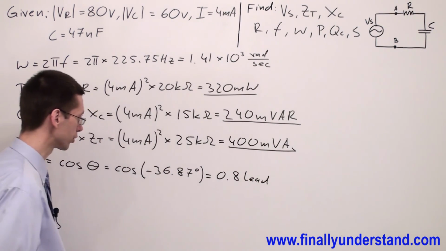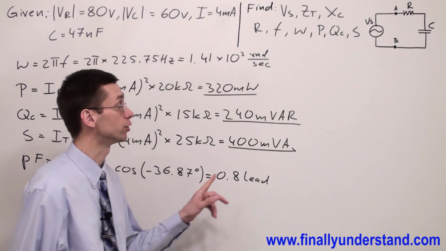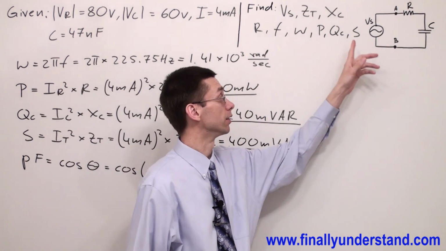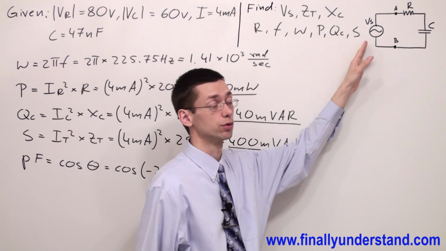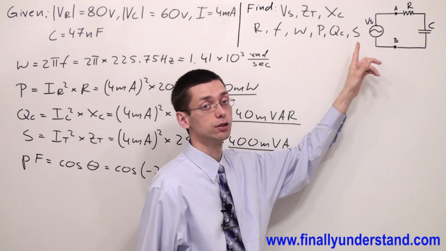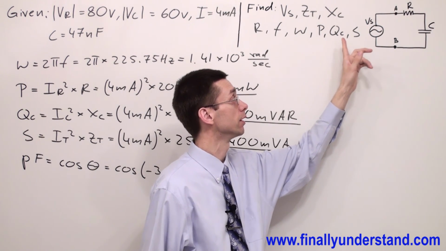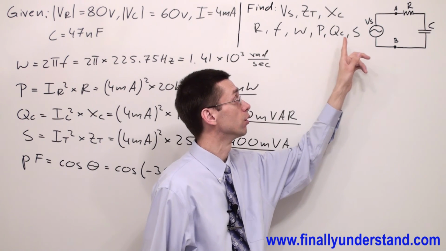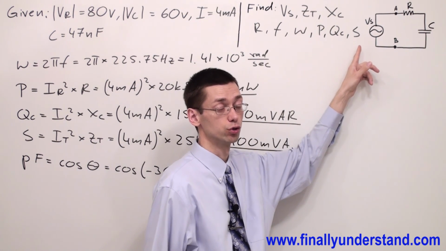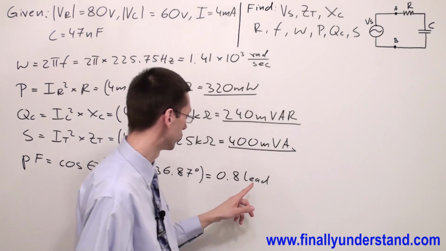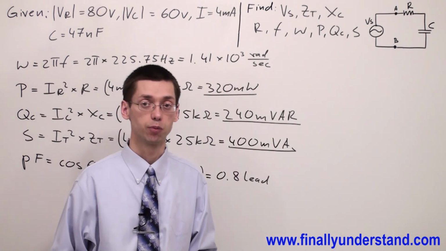Why lead? Because I have negative sign next to my angle, and because this is an RC circuit. In the RC load, the current is going to always lead the voltage source. The current in the RC circuit will lead the voltage source. So that's why I have the word lead next to it. So I can say that we found everything. The problem is solved.